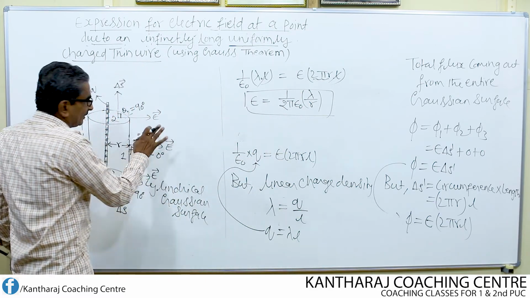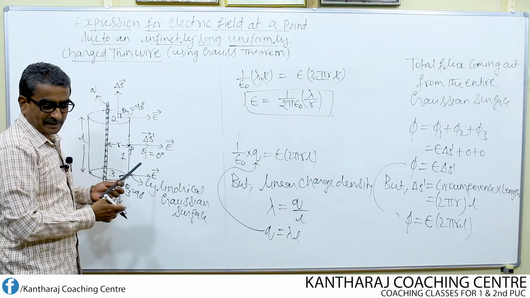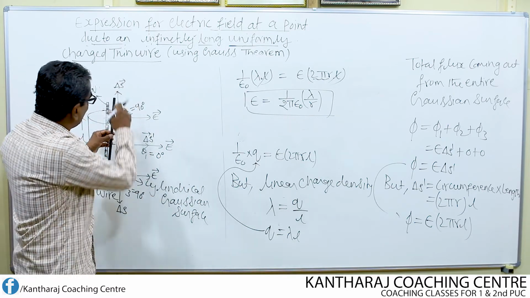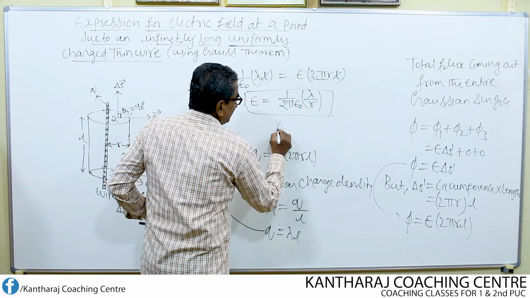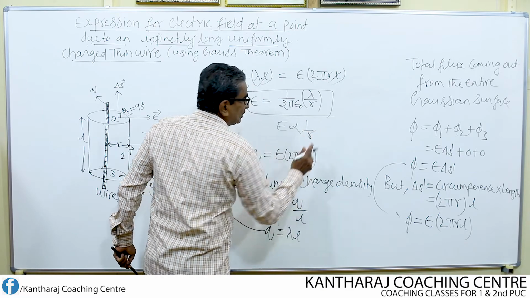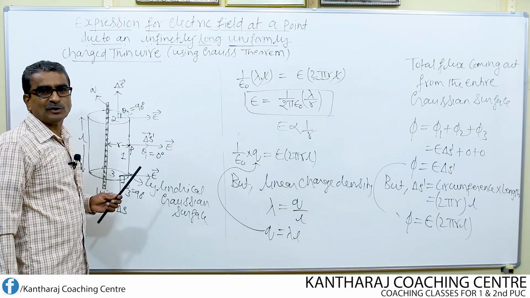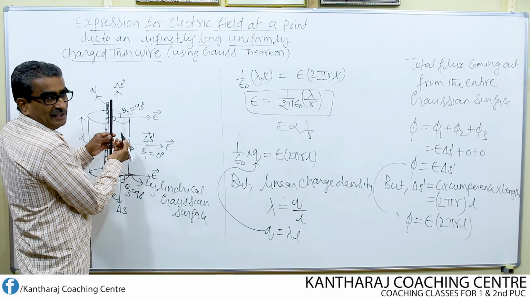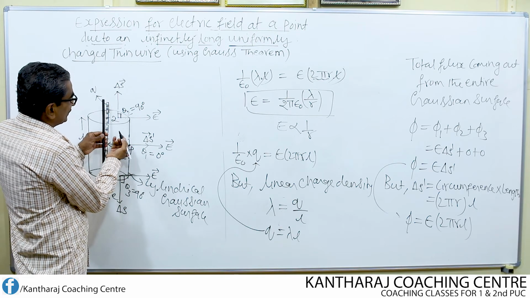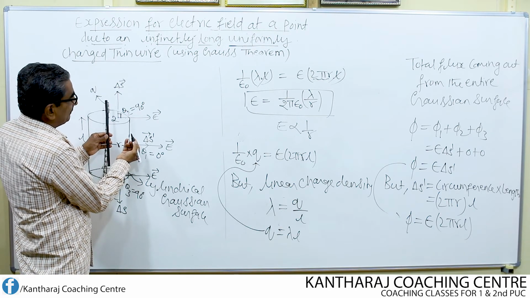So from this equation, we can say that the electric field due to an infinitely long charged wire depends on R. That means E is inversely proportional to R. If this distance increases, the electric field goes on decreasing. Suppose at this point the electric field is 5 units, at this point it will be less than 5 units, say for example 3.